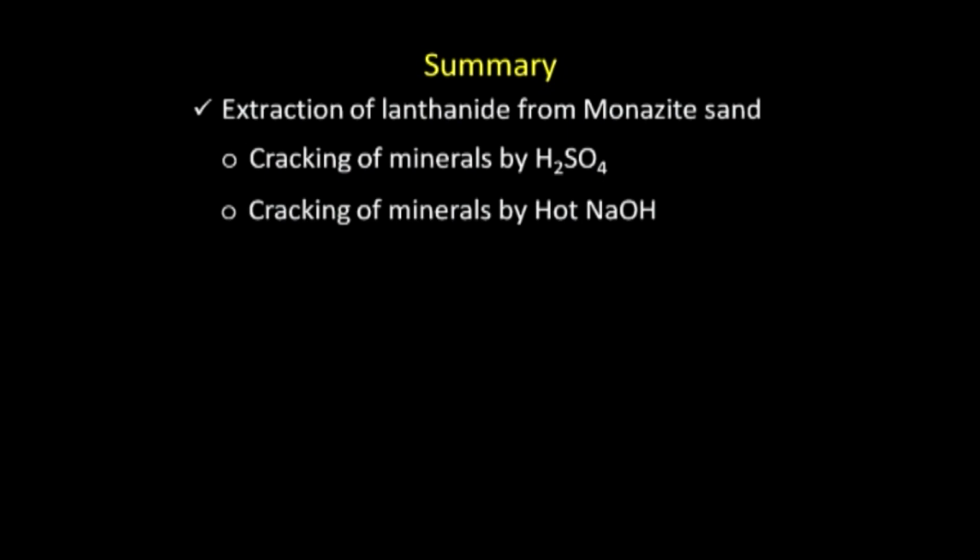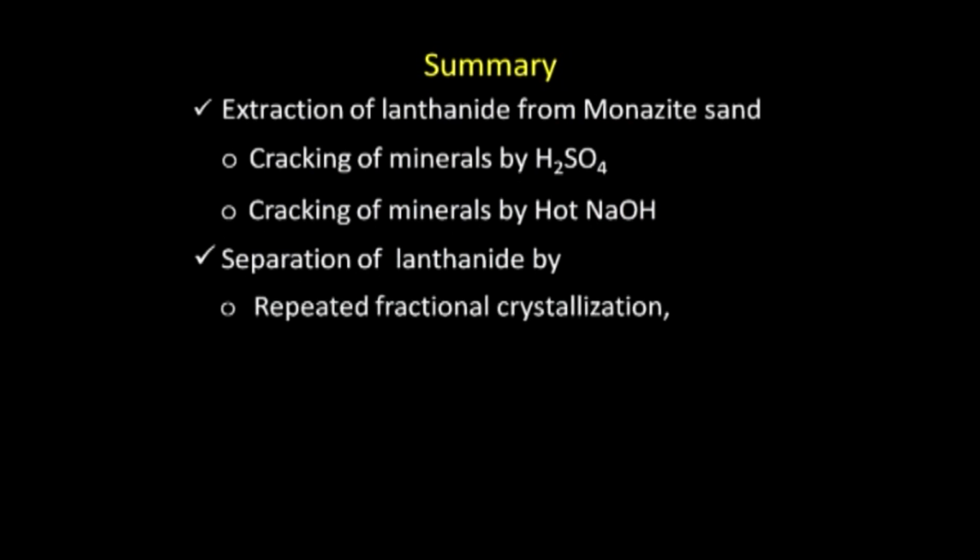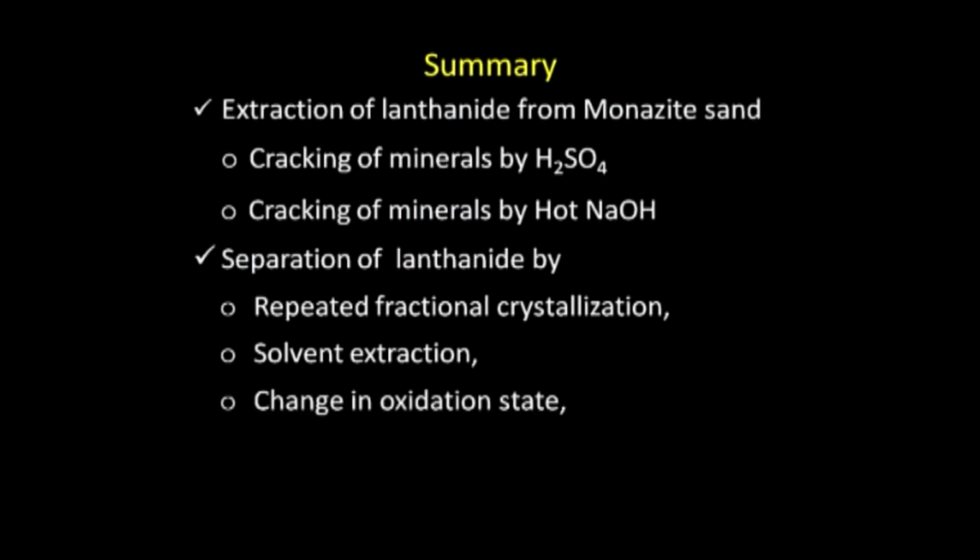Let us summarize. We have discussed the extraction of lanthanides from monazite sand, using cracking of the mineral by sulfuric acid, and also by hot sodium hydroxide, the alkaline process. Further, the separation of the lanthanides was discussed by the repeated fractional crystallization method and the solvent extraction method.